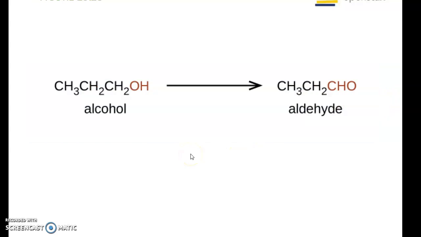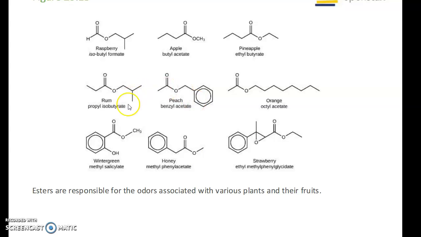The reason why that's important is because those are very important for smells, the things that you typically associate with very fragrant things like peaches or oranges or wintergreen or honey. These particular esters give them their distinctive scents.